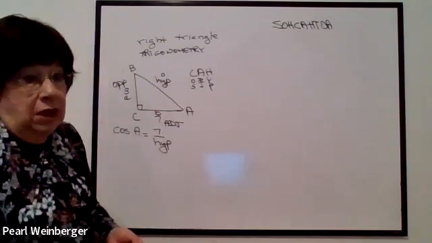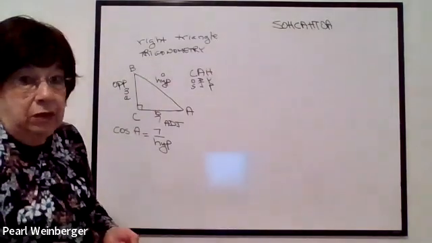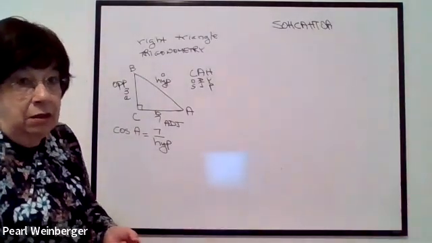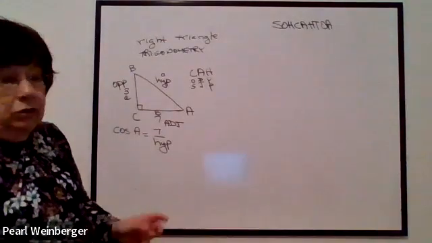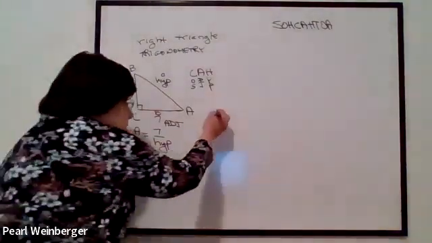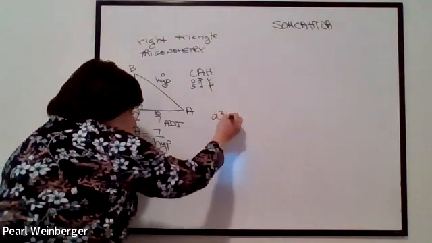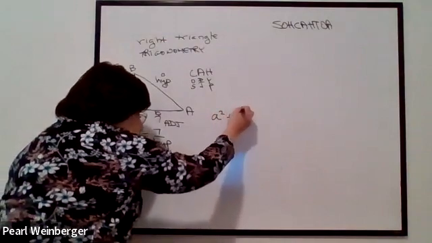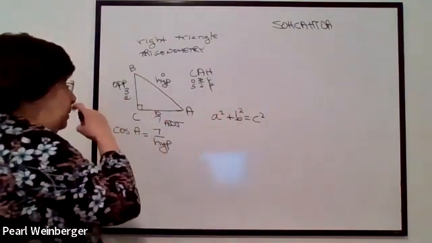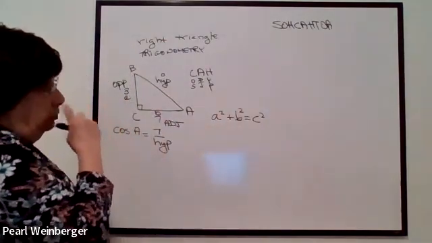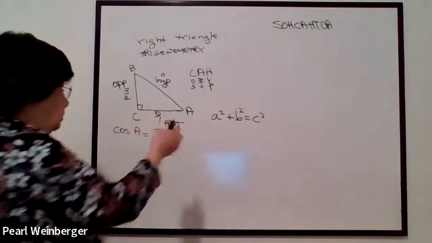Whenever you know two sides of a right triangle, you can figure out the third side because you use the a squared plus b squared equals c squared. So even though the Pythagorean theorem is really not part of trigonometry, you really can't do a lot of trigonometric problems without knowing this.